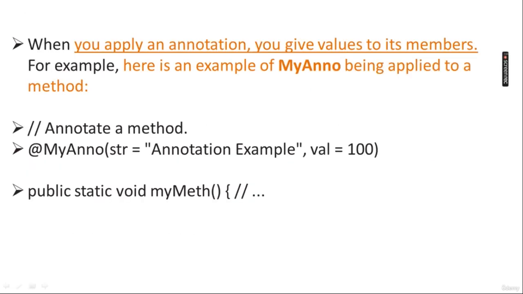This is the parameter name str equal to "Annotation Example", comma, parameter name val equal to the annotation value, that is 100. So this is the syntax to write the annotation. First you write @, then whatever name you are giving to your annotation, then in opening and closing parentheses you give the values.